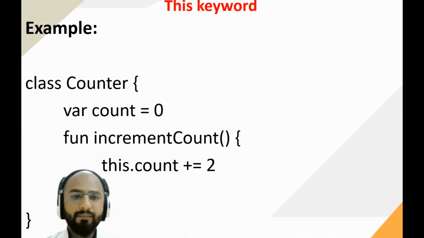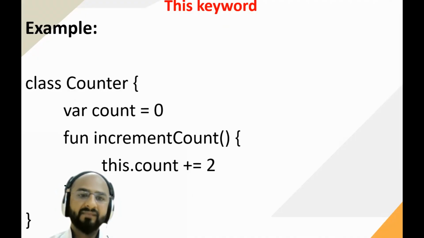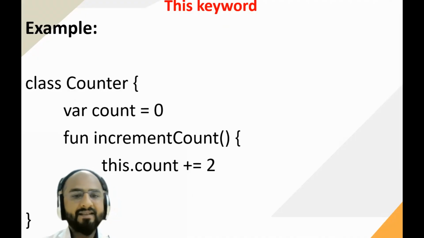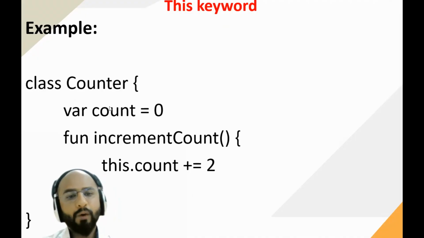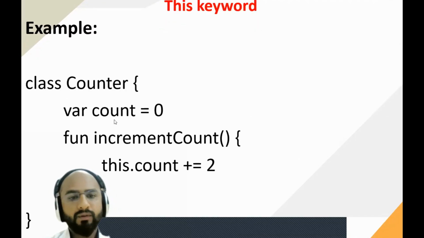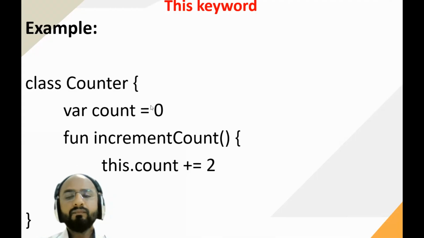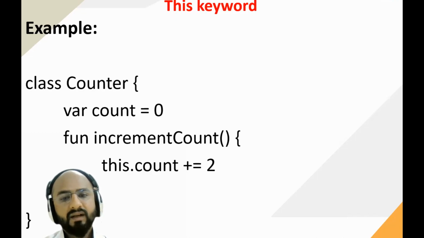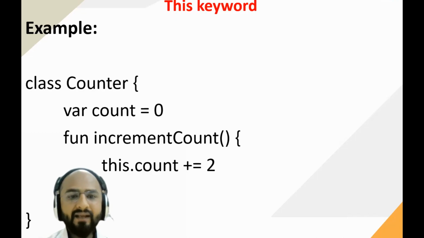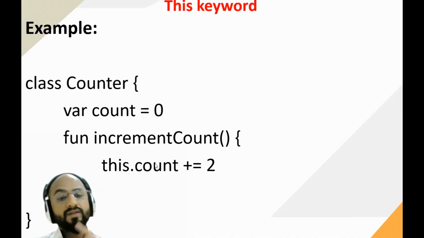Now let's say for example, there is a class named Counter. In that class there is a variable, a property, named count: var count = 0. And there is a method, say for example, incrementCount. I want to use this count variable for the particular object.